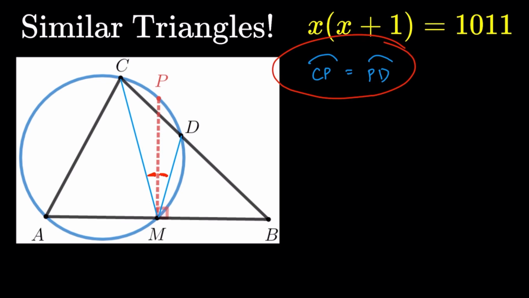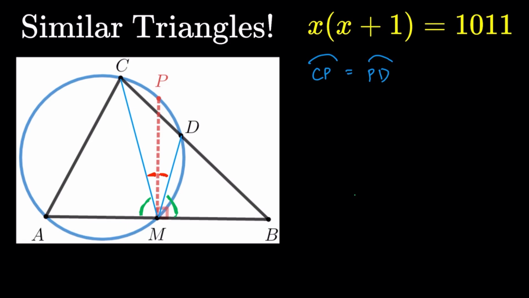So those two red angles should be the same, and we have PM perpendicular to AB as seen in the right angle indicated there. We should have angle AMC over here and angle DMB over here to be the same, because we're just taking the complement of both red angles technically.